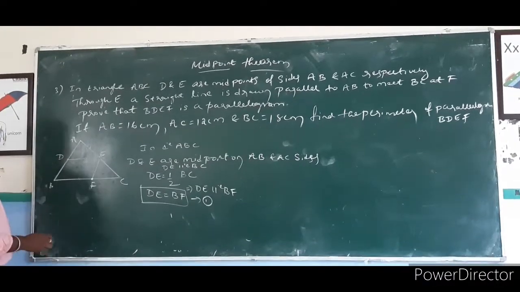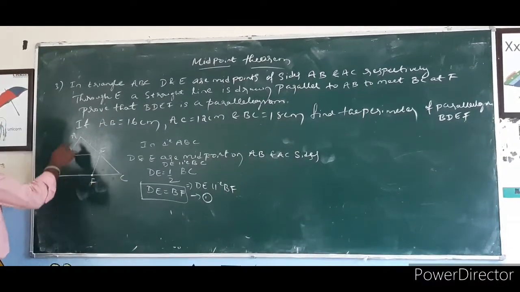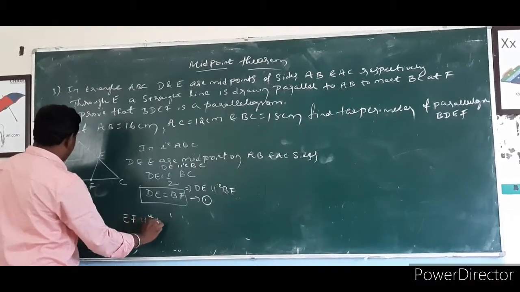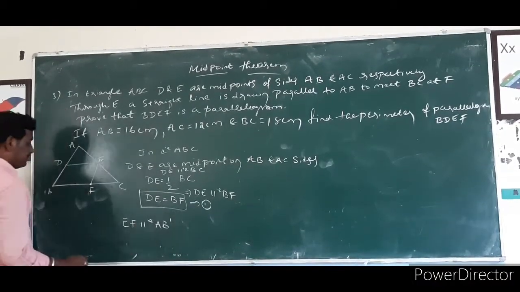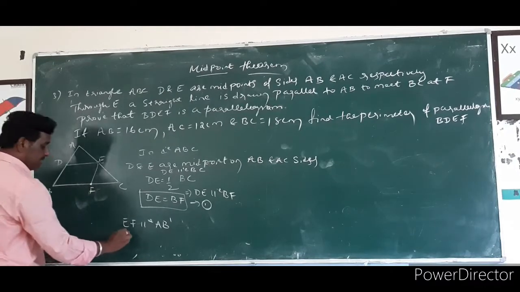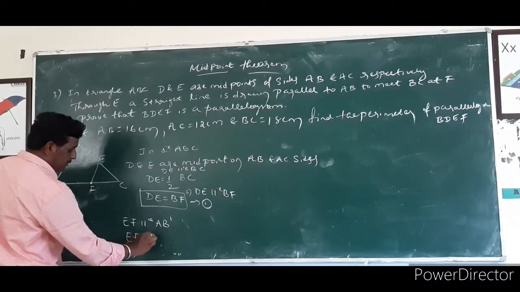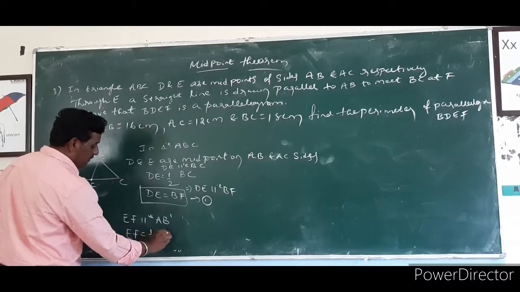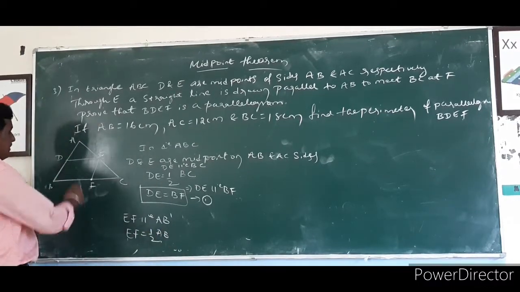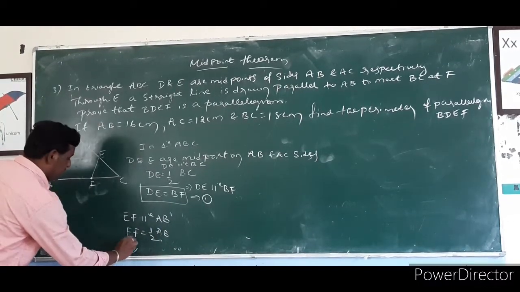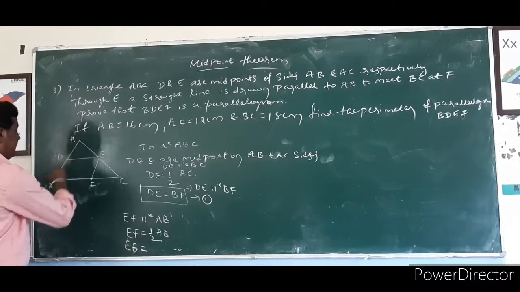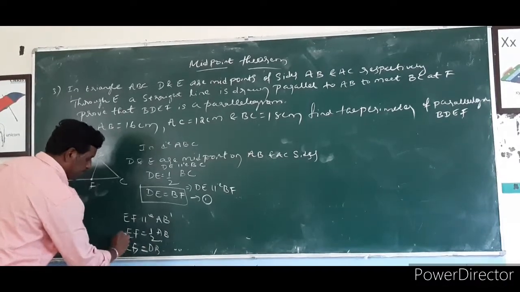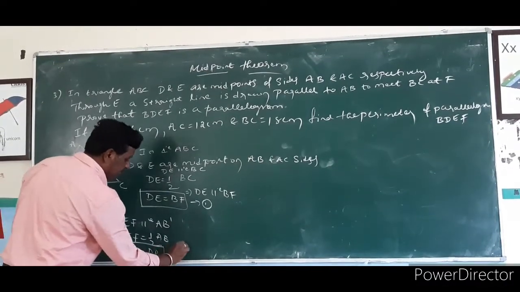Since E is the midpoint and EF is parallel to AB, EF is equal to half of AB. Half of AB means EF is equal to BD. So this is equation number 2.